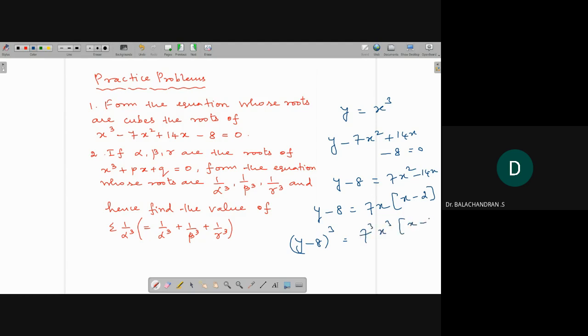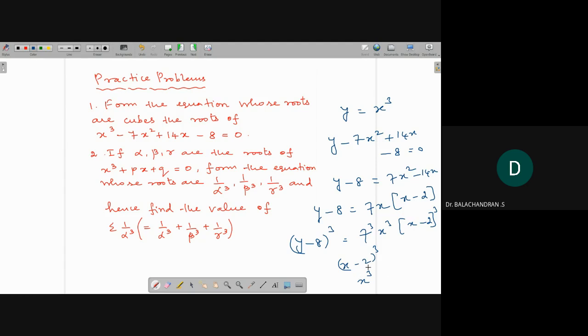Again, I have x minus 2 whole cube. So instead of this x cube, I can replace by y. But here I have x minus 2 whole square whole cube. So x cube, okay, no problem.